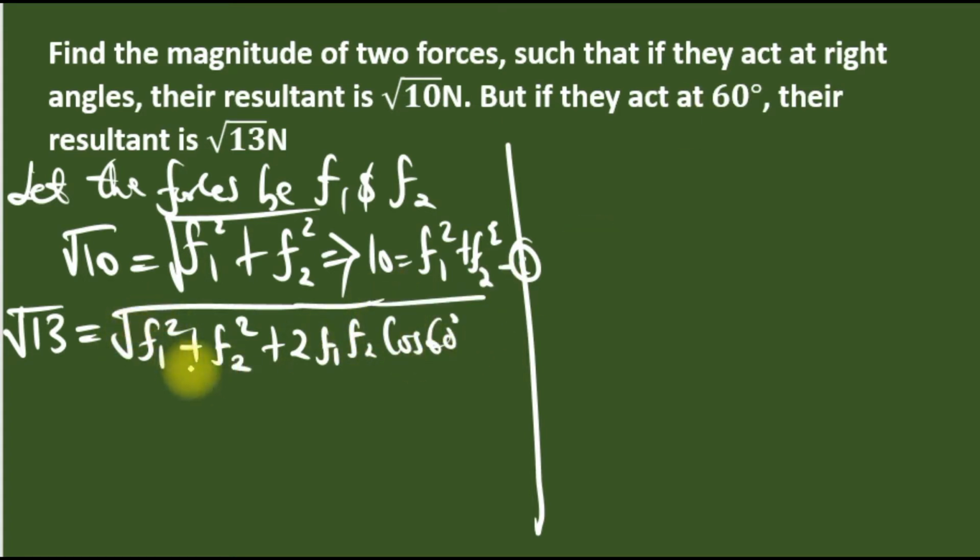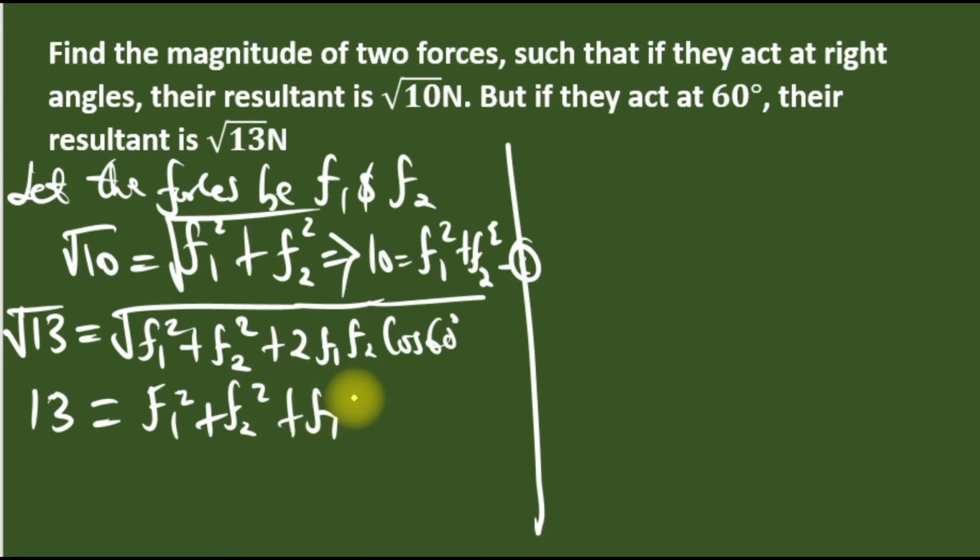So we have 13 equals F1 squared plus F2 squared plus 2 F1 F2 cos 60. Cos 60 is half, so 2 times half is 1.